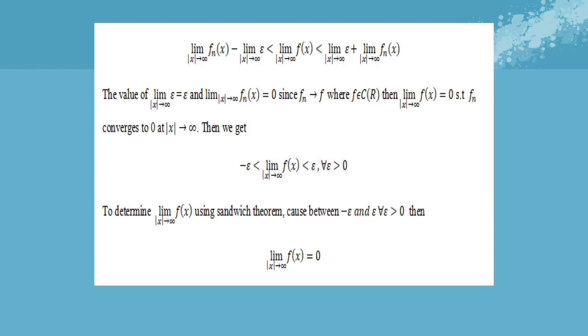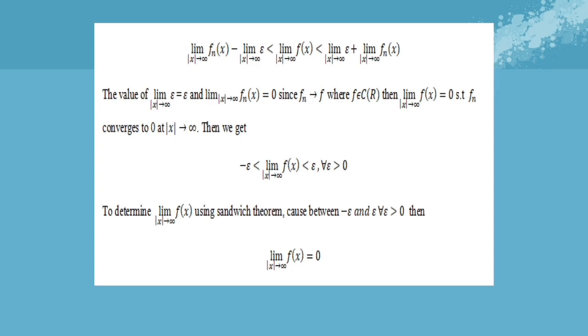We know that the limit of epsilon is epsilon because it is constant, and also the limit of f_n(x) is equal to 0 since f_n converges to f, where f is an element of C_0(R), then the limit of f(x) is equal to 0, such that f_n converges to 0 as the absolute value of x approaches infinity.